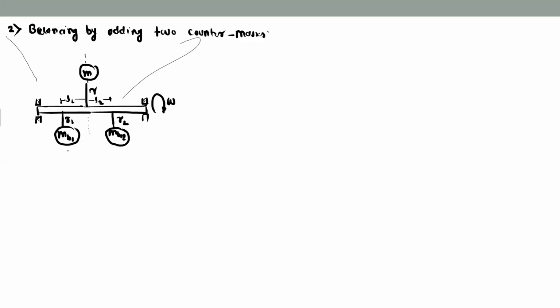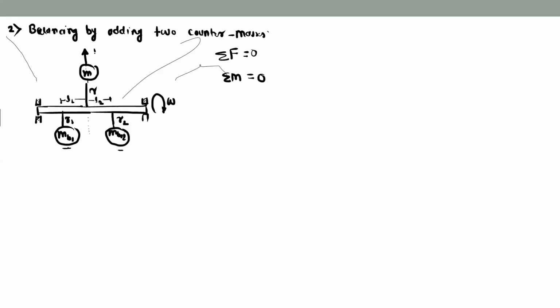So if you want to select these masses mb1 and mb2, then it should satisfy two conditions. One is summation of forces, it must be 0. And the second condition is summation of moment about any point in the system, it must be 0. So for the forces, we will write this condition.